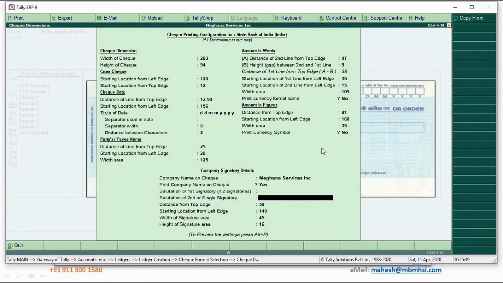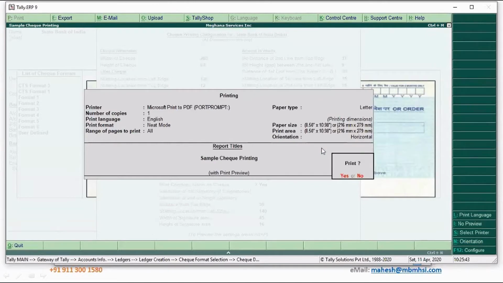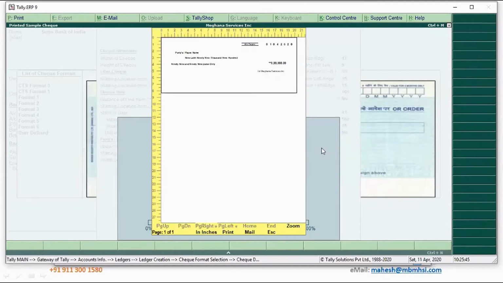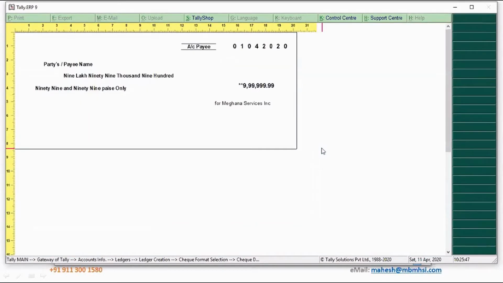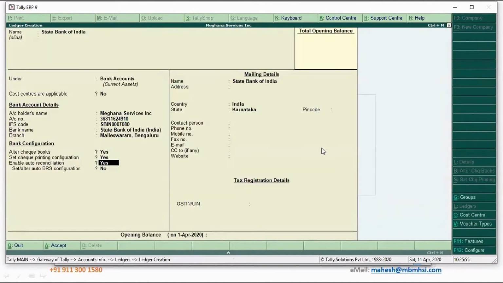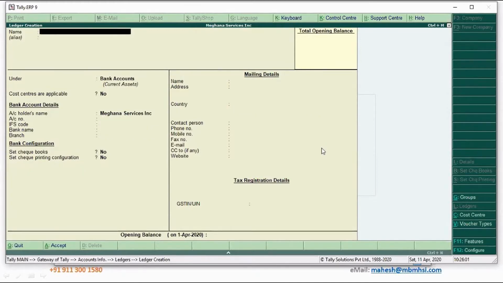If you need, you could do all those things. You could see how it prints. This is how the print format comes out, so you could adjust and do the printing. So I've just set this up and saved this master.